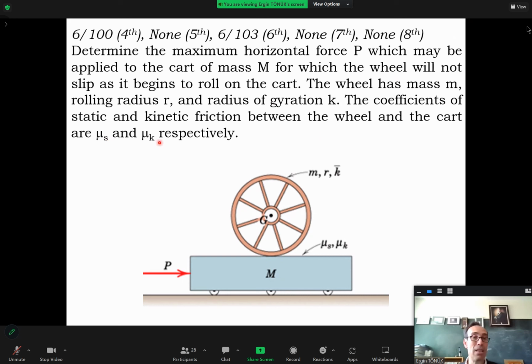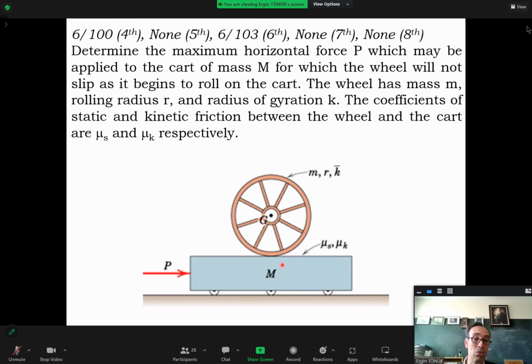And actually, if we do not want it to slide, and also we would like to apply the maximum P, actually the friction force between the cart and the wheel should be mu s times the contact force, which is the maximum one, okay? As soon as you exceed that P, the friction will not be sufficient to prevent slipping, and it will start slipping. So we will have the maximum friction.